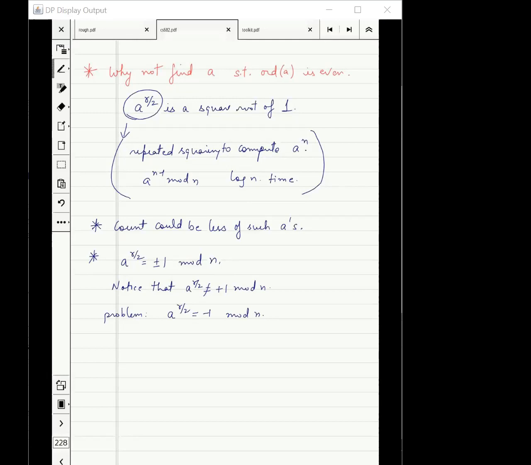But now we have the algorithm. How we prove that it works is a different thing, but the algorithm is there. What is the algorithm? Pick a random A, find its order. Remember, this is the important step. This is done using the order finding algorithm.